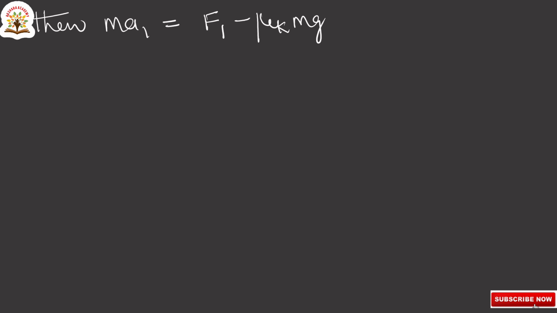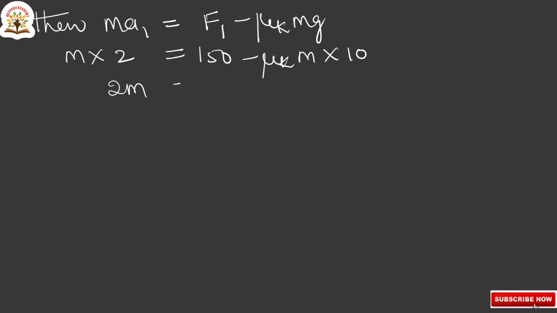Now substituting the values, m into a1, they given as 2, and F1 150, minus mu k m into g, they given as 10. So 2m equals 150 minus 10 mu k m. Consider this as equation number 1.